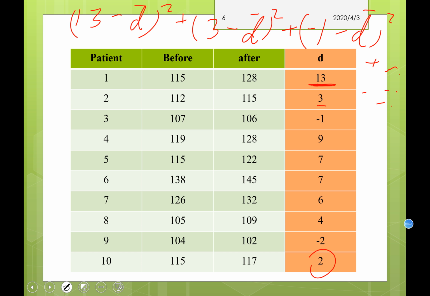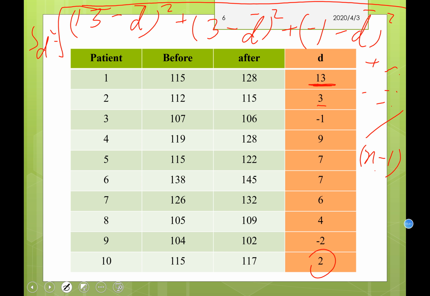And we use the summation of all these numbers over n minus 1, and here n is 10. But it's not the end. SD equals the square root of this number. So that is how we can get SD.